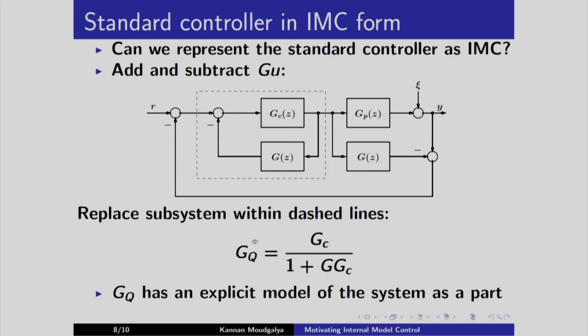So this controller that is used in IMC has an explicit model of the system. For example, this plant G is present as a part of it. So we call GQ the internal model controller.